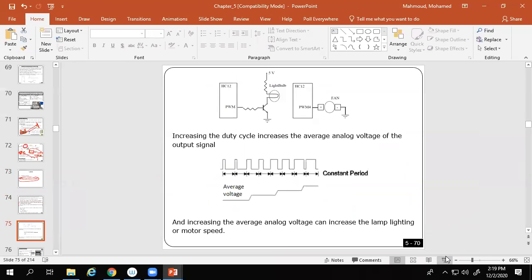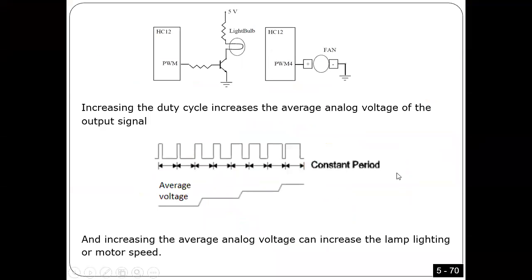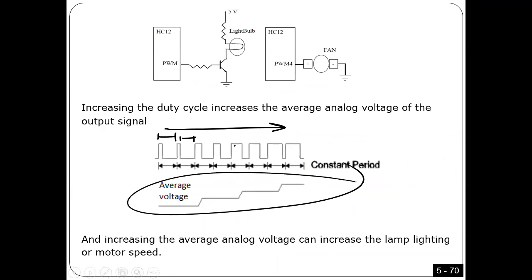Another application like what? As you see here, guys, as I go this way, I increase the duty cycle. When you increase the duty cycle, you actually increase the average voltage. For example, if I apply this signal on this bulb, you can increase the lighting, so this can be used to dim it.